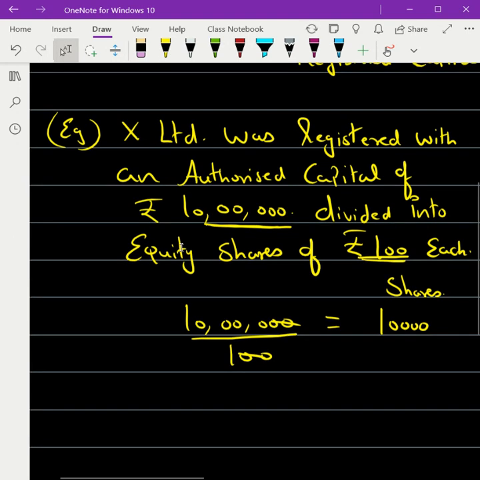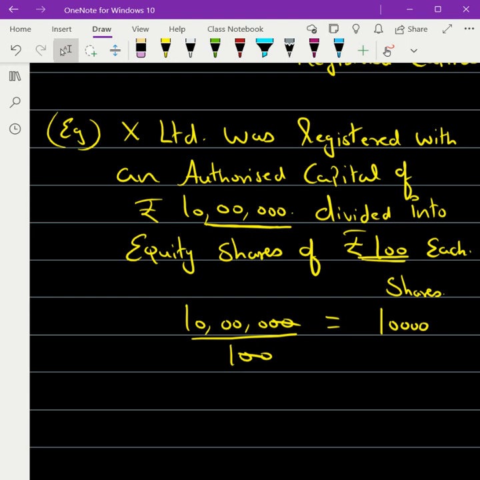Let me bring into the market at present some 8,000 shares or 6,000 shares, because 10,000 is the maximum quantity of shares. So out of 10,000, let me bring now 6,000 or 7,000 and hold on the remaining 3,000 or 2,000 as the case may be. So here comes the next category, issued capital.